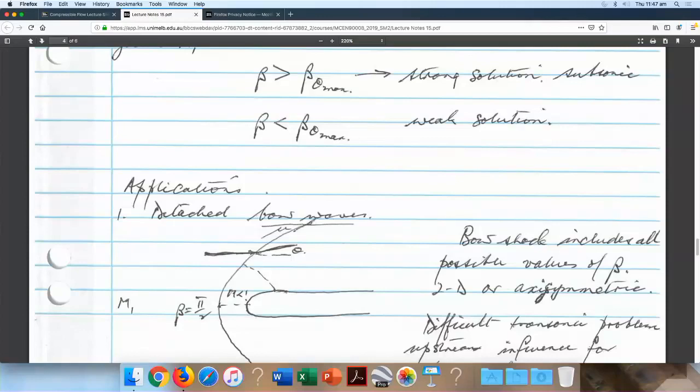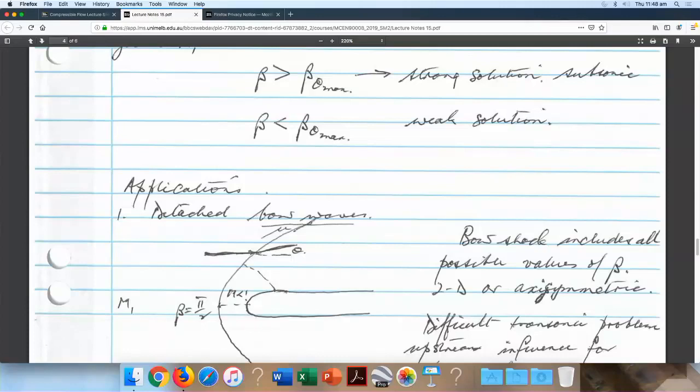And this is the line that I've drawn, just imaginatively, where the Mach number is identically 1. And here, the flow is supersonic. And way out here, there will be a very much weaker wave to turn the flow.